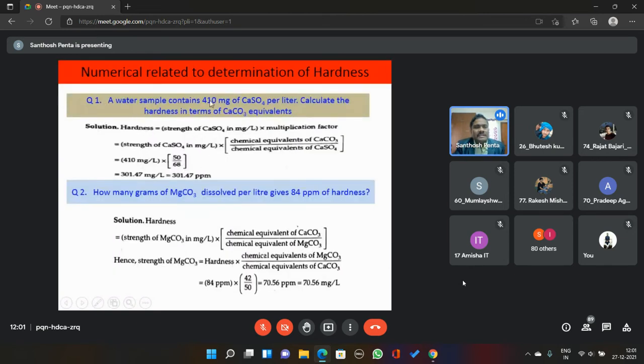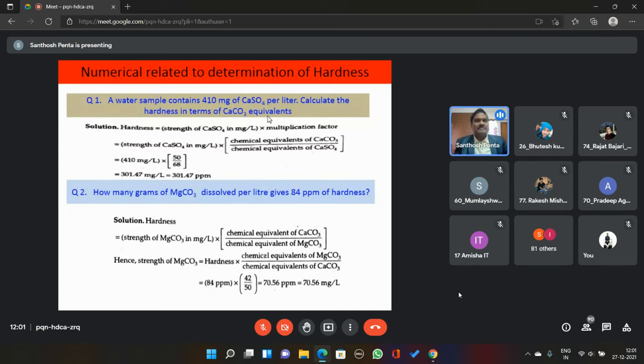Similarly, I can change this. A water sample contains 410 milligram of magnesium bicarbonate per liter. Calculate the hardness in terms of calcium carbonate equivalents. How are we going to convert that? Simply, hardness in equivalence of calcium carbonate is equal to strength of magnesium bicarbonate in milligram per liter and multiplication factor.